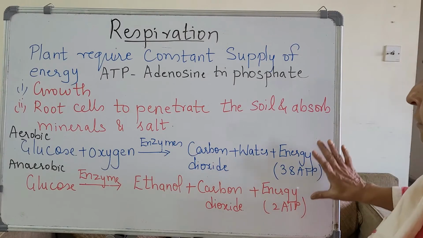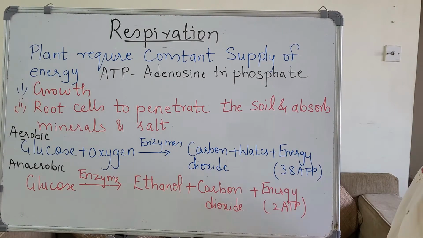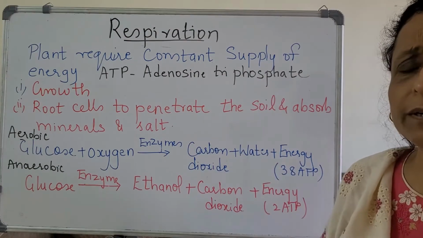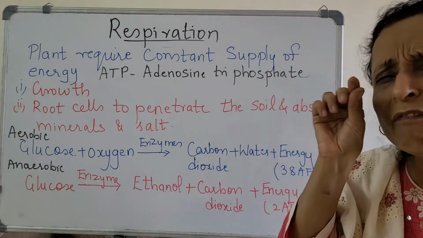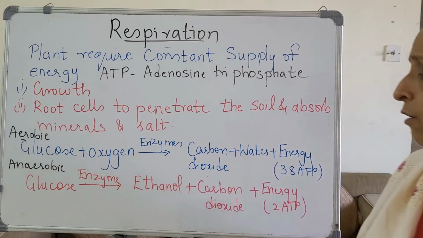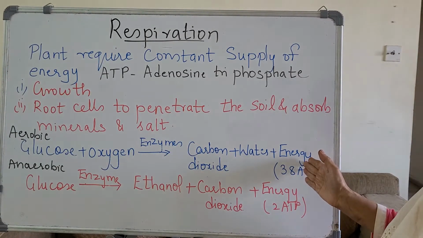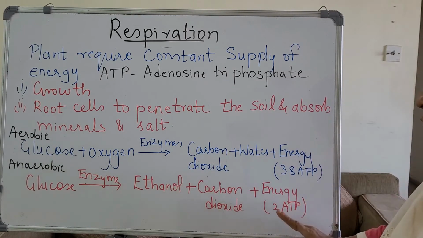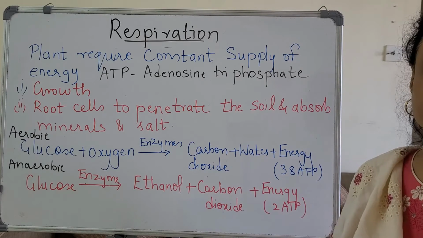The energy difference is very high. You might think why we don't carry anaerobic respiration always, because you'll have very less energy. See the comparison, one molecule of glucose will produce 38 ATP of energy in aerobic, whereas 2 ATP in anaerobic.